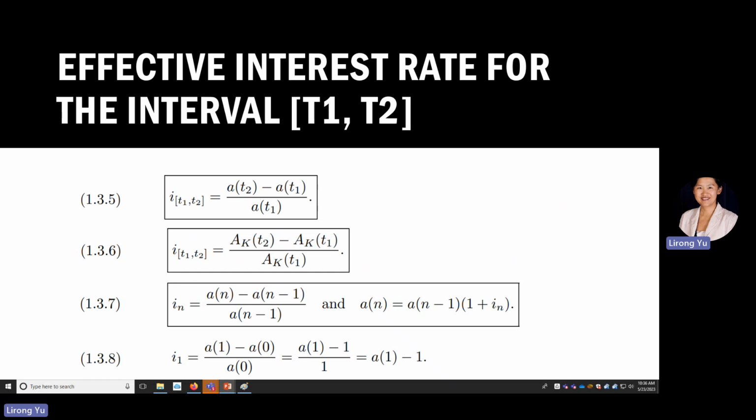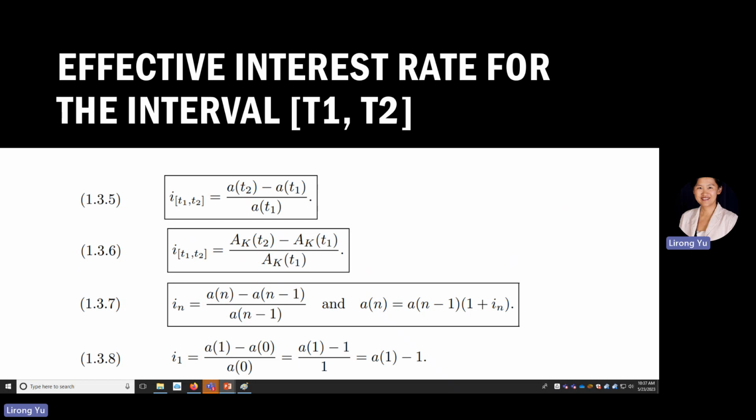This is the interest rate, not the interest. If it's the interest, it will be a of t2 minus a of t1. Remember, interest is how much more money you have at a future time compared to a present time. Assuming the present time is t1 and the future time is t2, you take the future value minus the present value, and that is the interest.